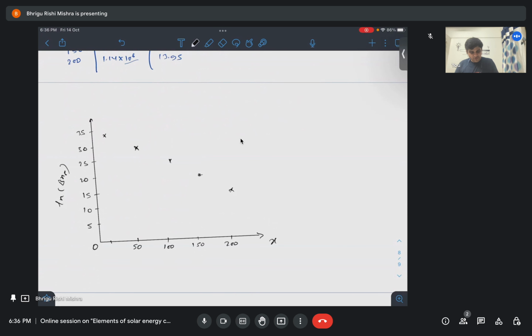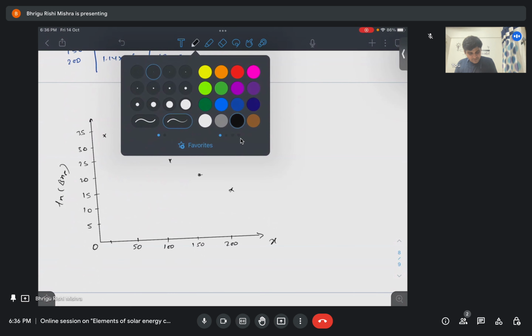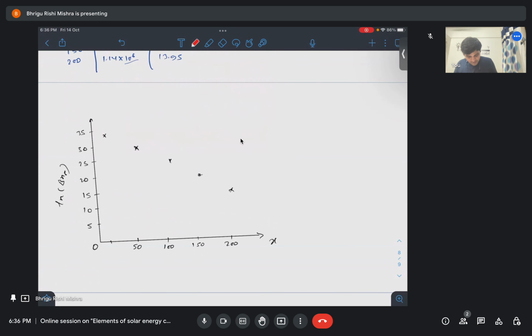Okay, so if you connect all the points, you will find something like this. So this is more or less a straight line. Okay, it's basically a straight line.